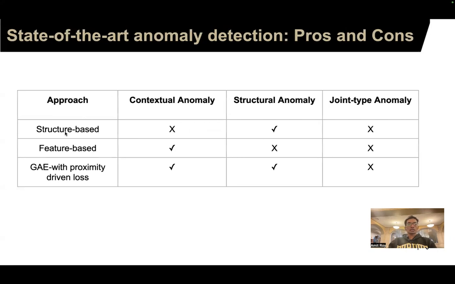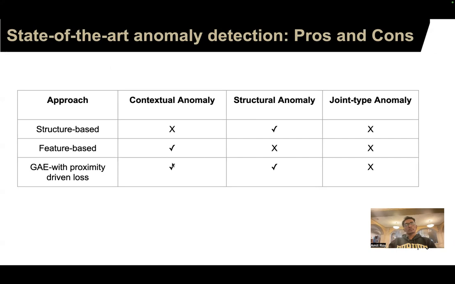We can view that according to the state-of-the-art anomaly detection approaches, the structure-based methods can detect structural anomalies well, but they fail to detect contextual or joint type anomalies very well. Also, feature-based approaches are more suited for contextual anomaly, as contextual anomalies are feature-wise different from other nodes.